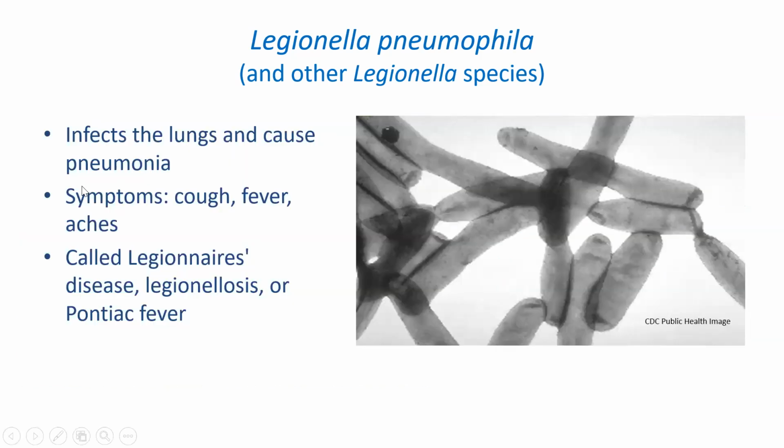I think I have a picture of it. There it is. It looks a little bit like E. coli. Biologically a little bit different, but you can see the normal symptoms of pneumonia: cough, chest discomfort, and of course the fever as well. Sometimes this is called Legionnaire's disease. I did mention this bacterium way back at the beginning when we were talking about naming of things.